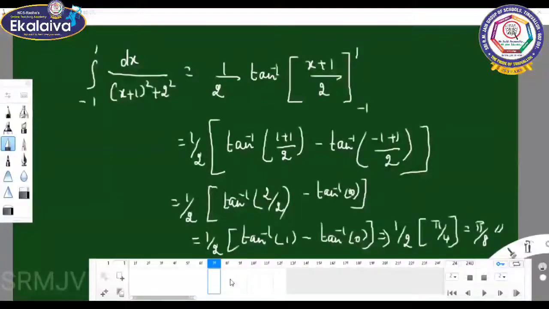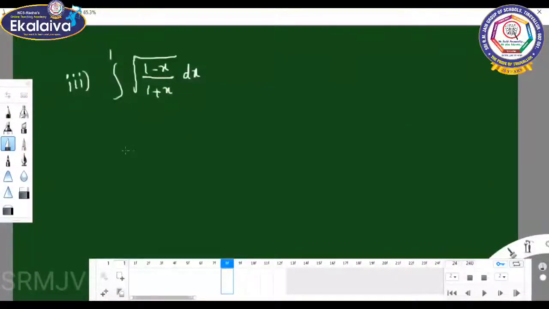Now we move on to the third subdivision. Integral 0 to 1 root of 1 minus x by 1 plus x into dx. You can take it as I equals integral 0 to 1 root of 1 minus x by root of 1 plus x into dx. You can take it as the conjugate.